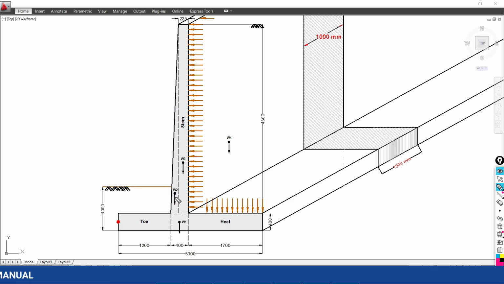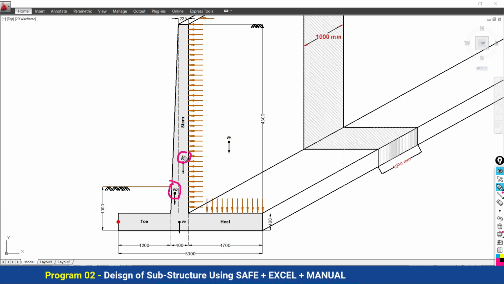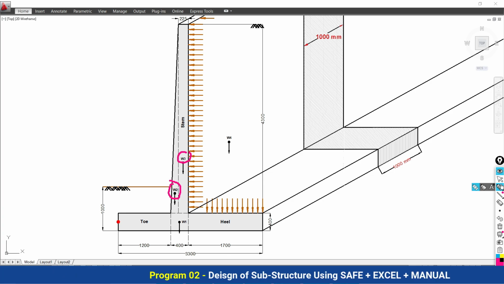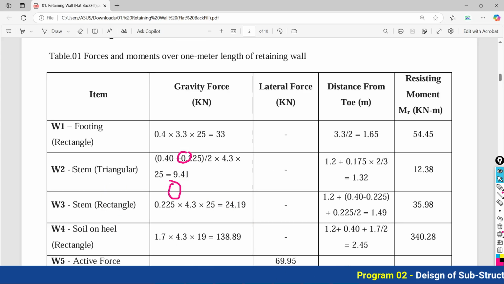Here I am going to represent the triangle by W2 and the rectangle by W3. So W2 and W3 we are going to calculate, both the stem triangular and the stem rectangular.